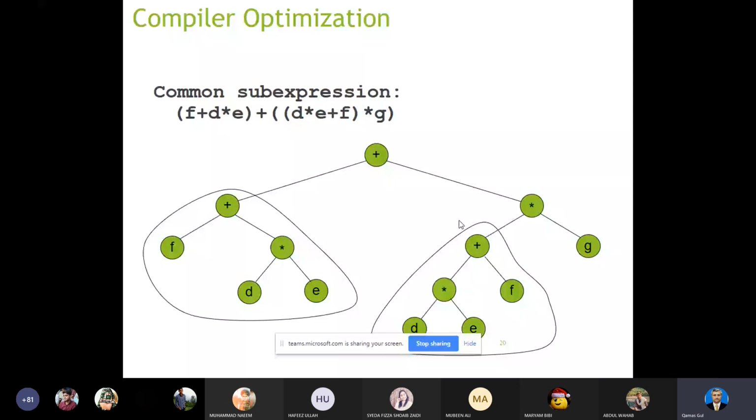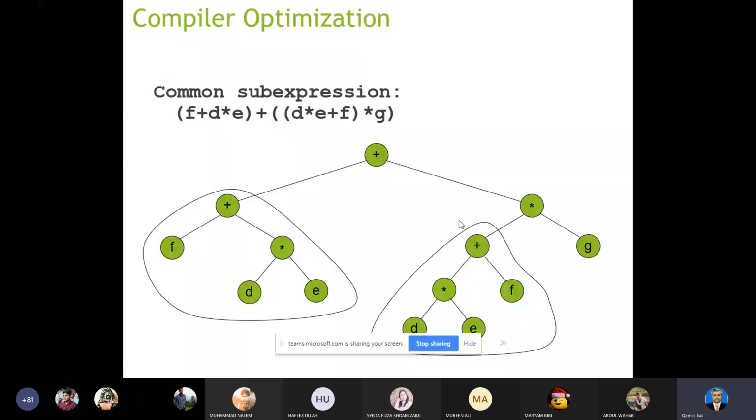Now there is another technique used for compilers, and that is called compiler optimization. Optimize means to reduce the syntax, to reduce the operations, and to minimize the resources and get efficient results, effective results with minimum utilization of the resources.